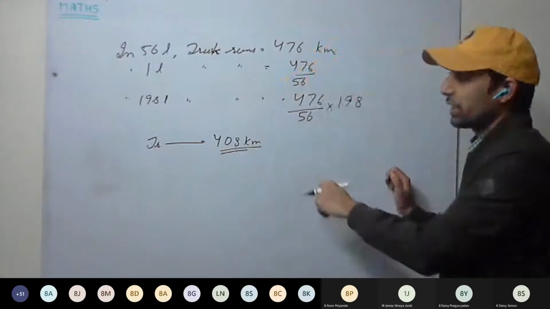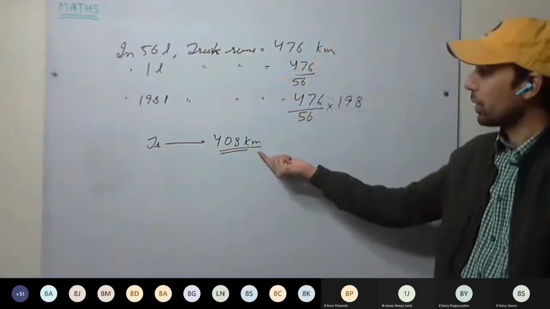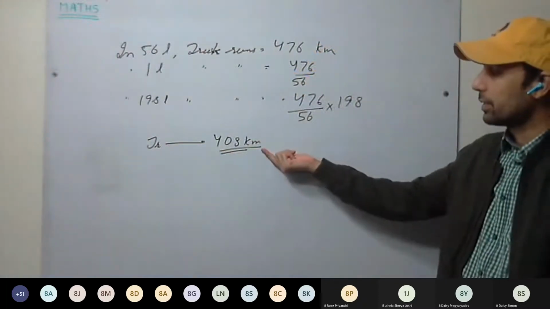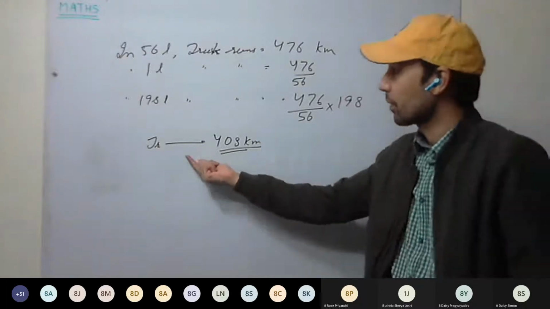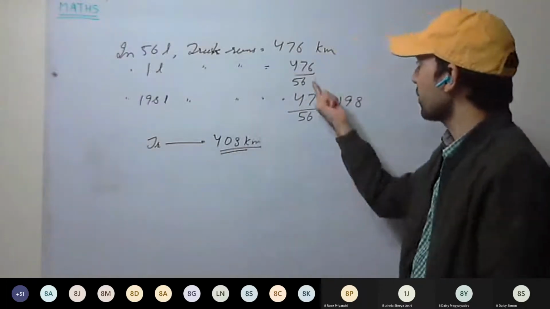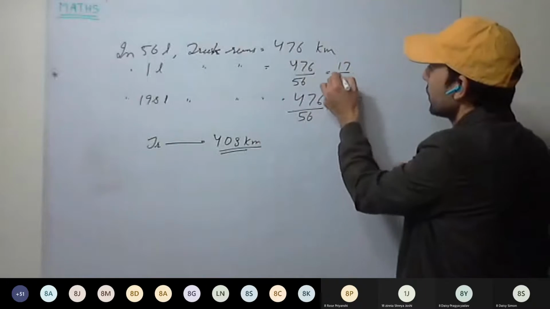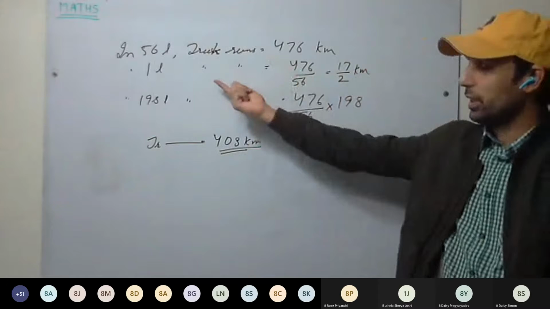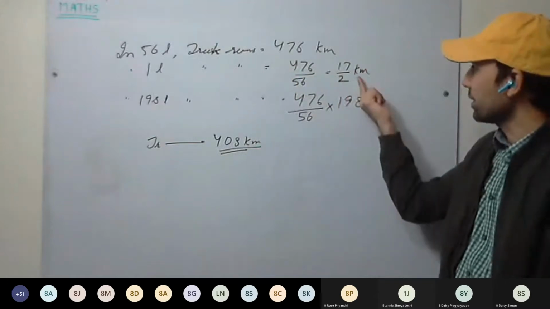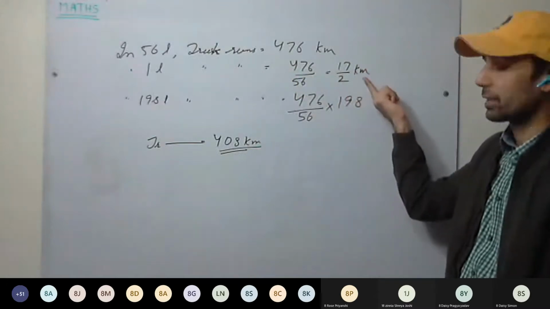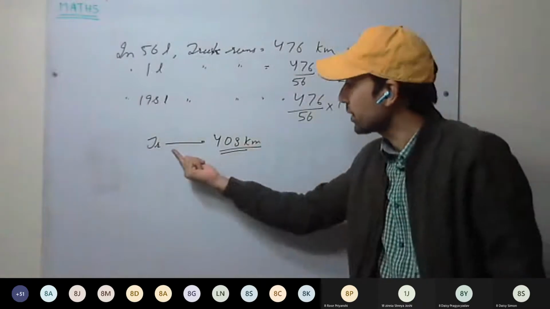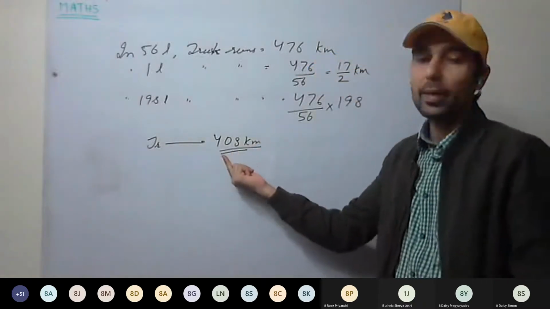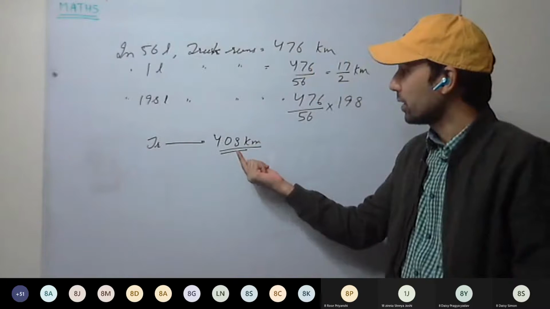So how many liters will it require? In 1 liter, how much is it covering? 17 upon 2 kilometers. In 1 liter, the truck runs 17 upon 2 kilometers, and it has to run 408 kilometers. So how many liters are required?